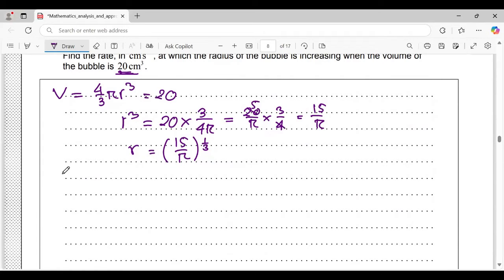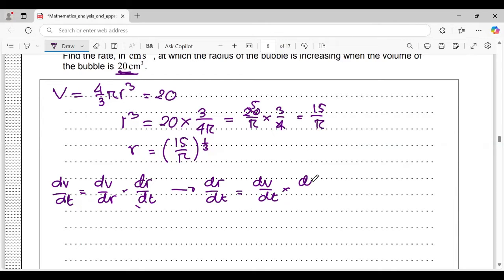The differential dφ/dt is dφ/dr times dr/dt. If dr/dt is the subject, it will be dr/dt equals dφ/dt times dr/dφ. Okay, so this term moves to the last.